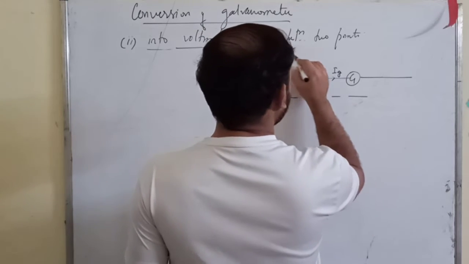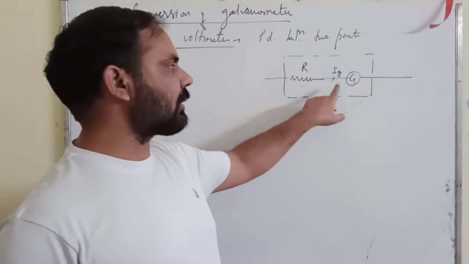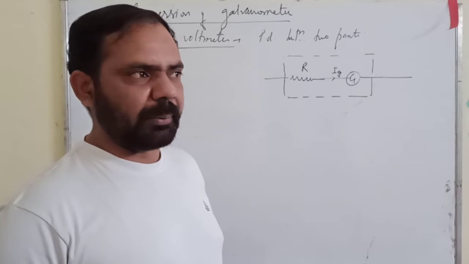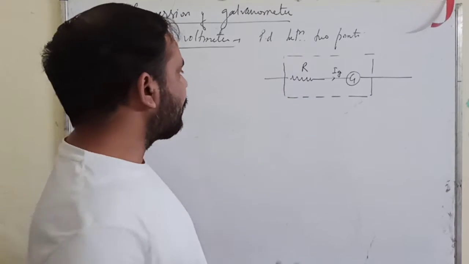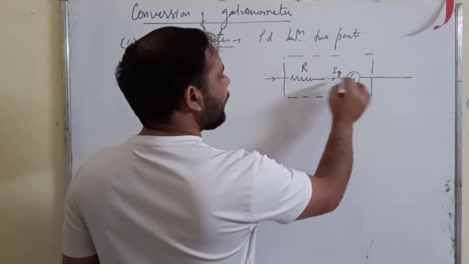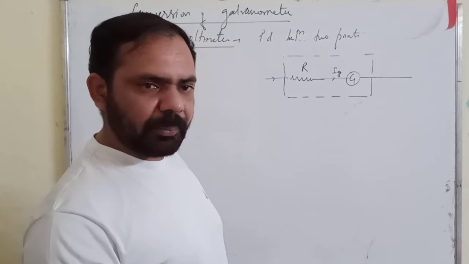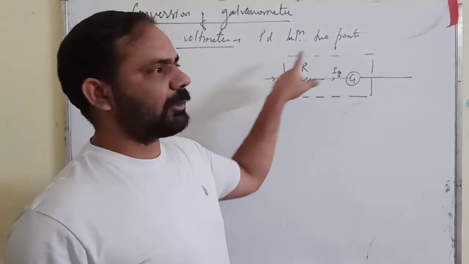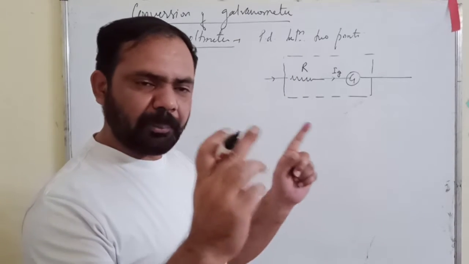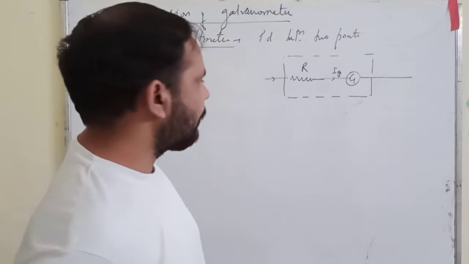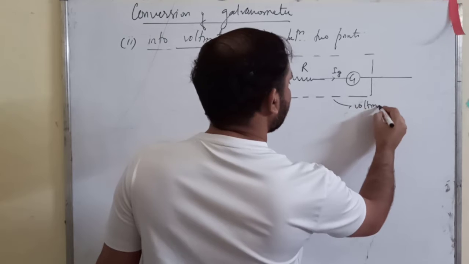Why are we connecting a high resistance in series with the galvanometer? It is so that the current passing through the galvanometer should be small, so that the potential drop created by this voltmeter should be very small, so that it can accurately measure the potential difference between the points. So this arrangement is called a voltmeter.